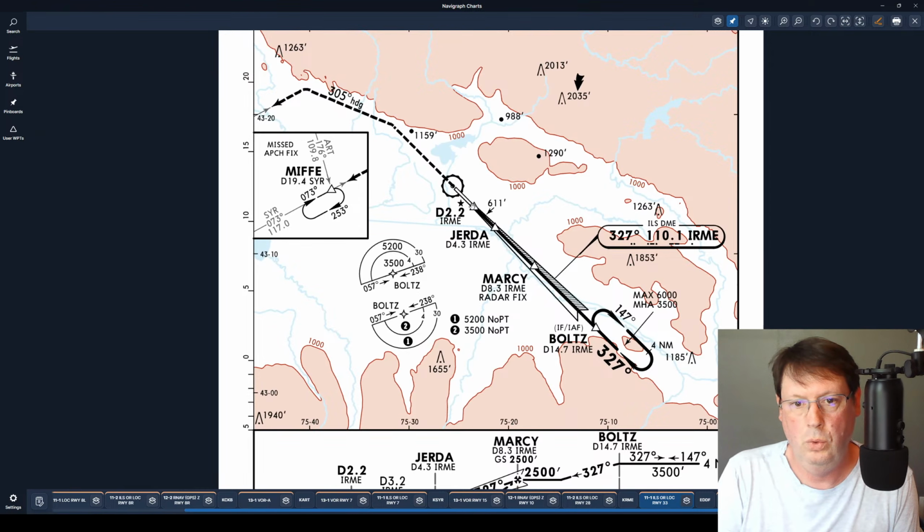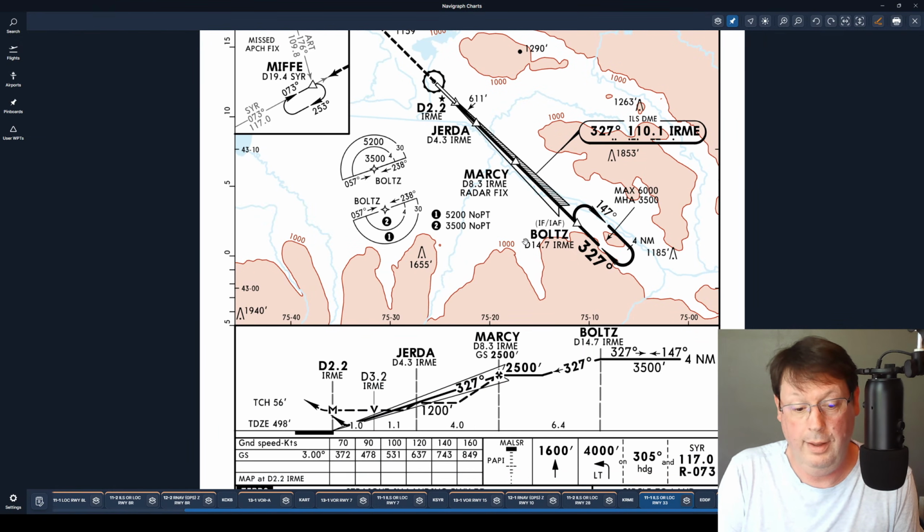We'll come around out here, come southbound over here, and then make a left-hand turn. We'll cross BOLTS, the initial approach fix, and then make the descent down to the runway. And you're gonna see whether I can do it or not.